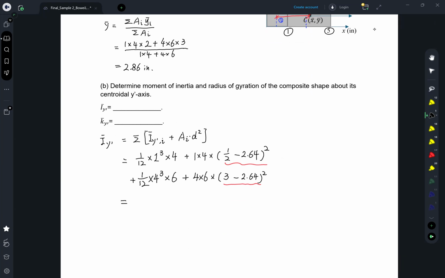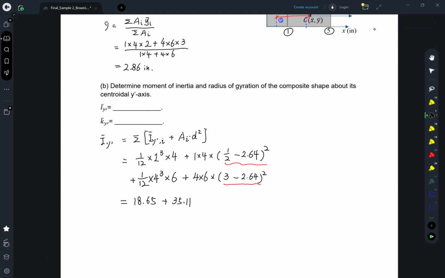For the moment of inertia of the first part, we have all the terms here, so it equals 18.65. For the second part, it is 1/12 times 4 to the power 3 times 6, plus 4 times 6 times the square of the distance. This distance is not significant.